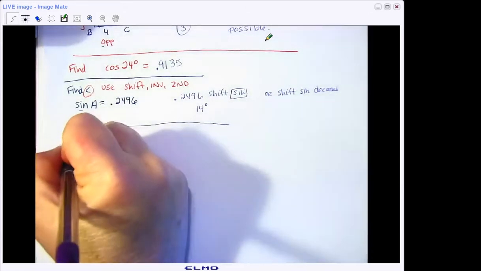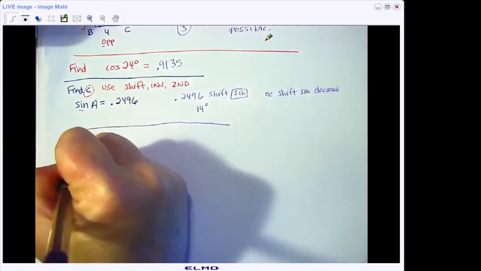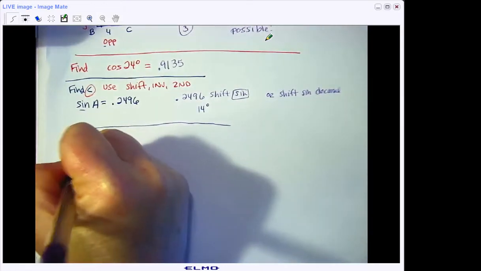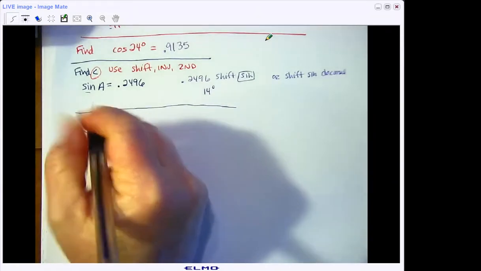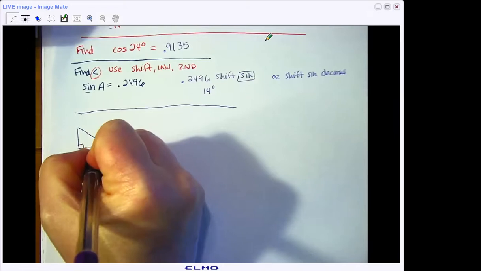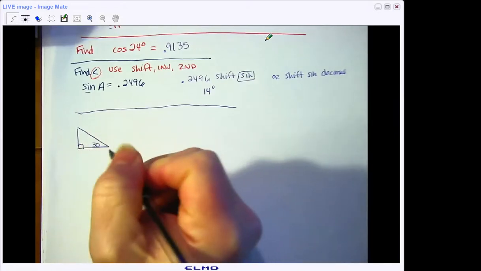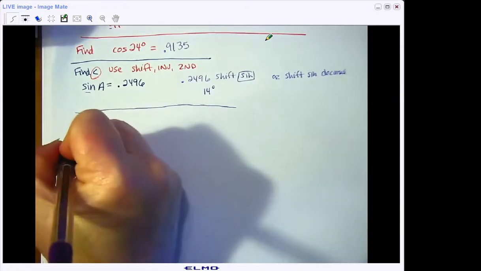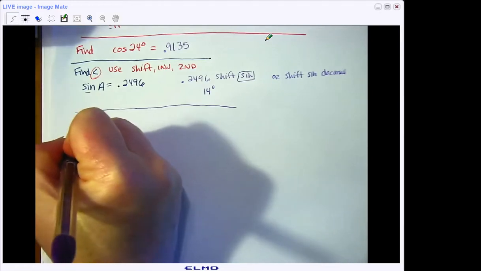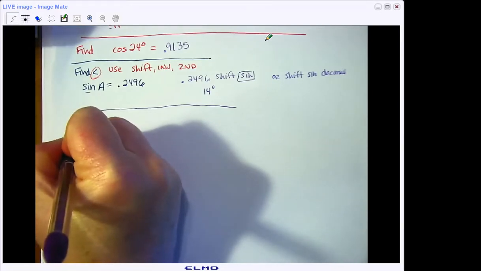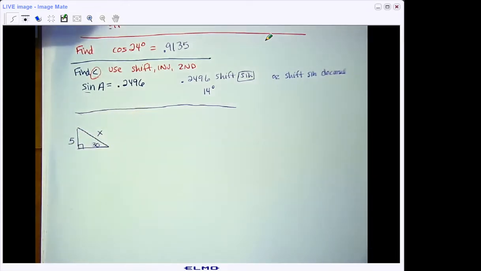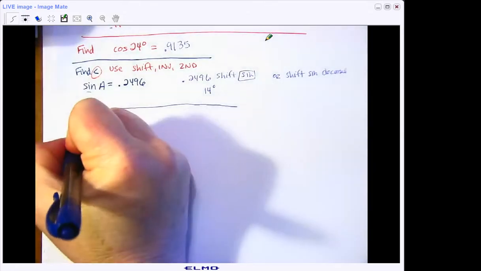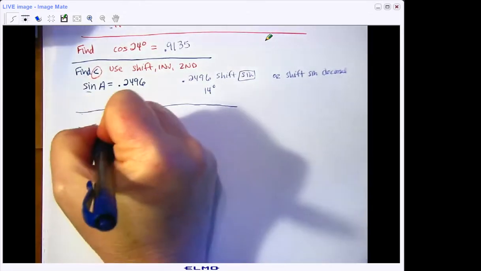If we have a triangle, we have 30 degrees. This is 5, and that's X. Actually, I'm going to flip those. Let's make this X and this 5.